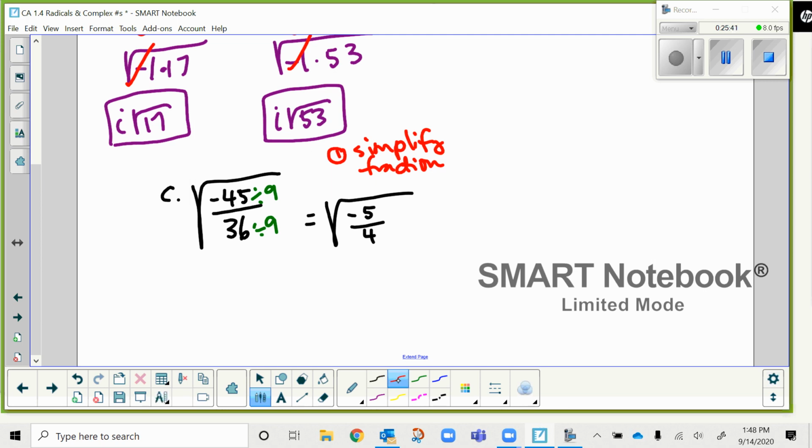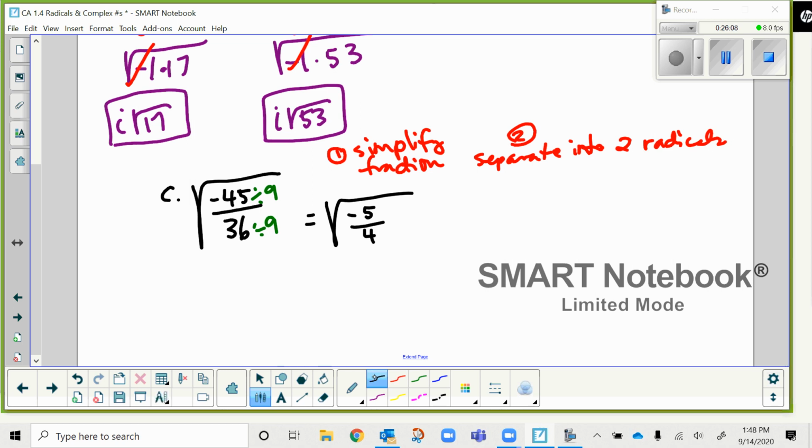The second thing that you want to do is separate into two radicals.